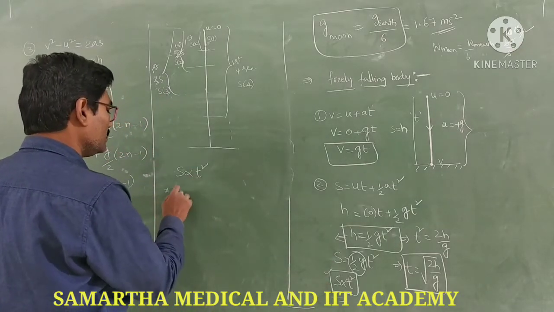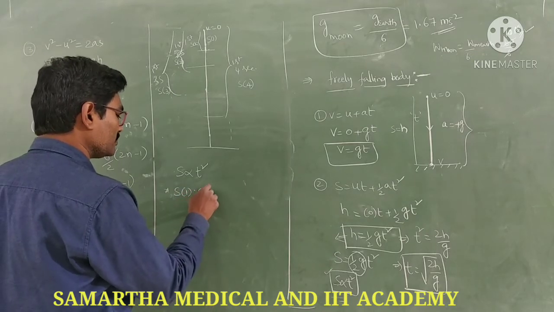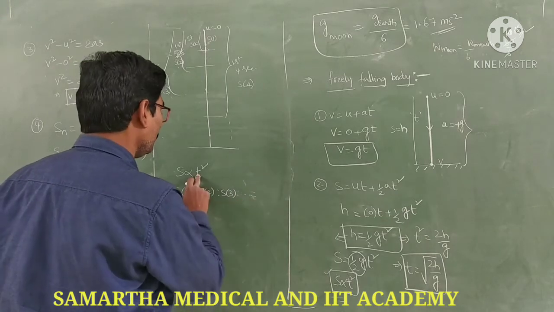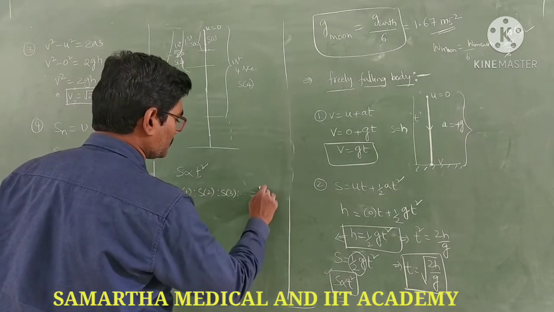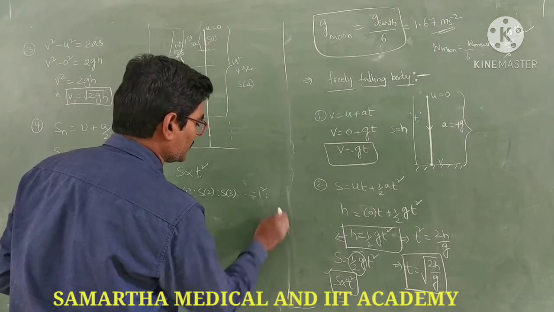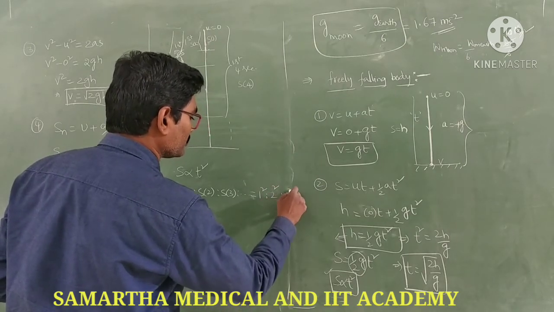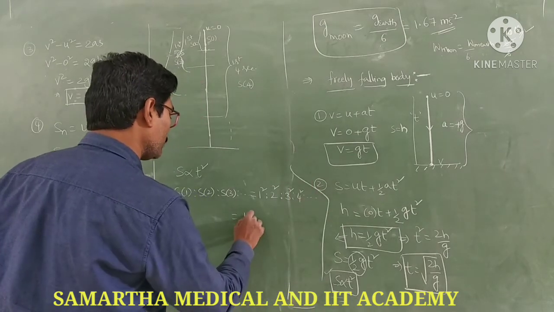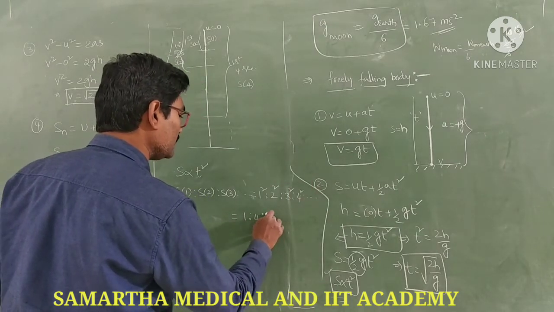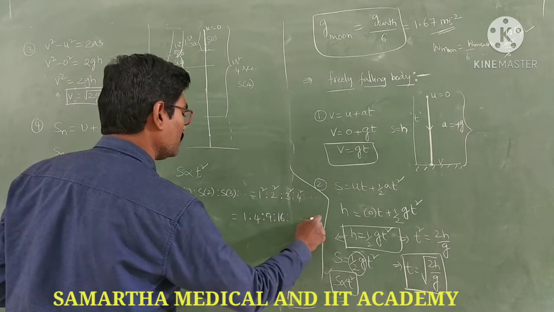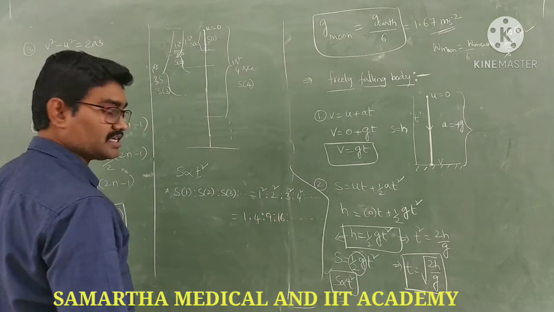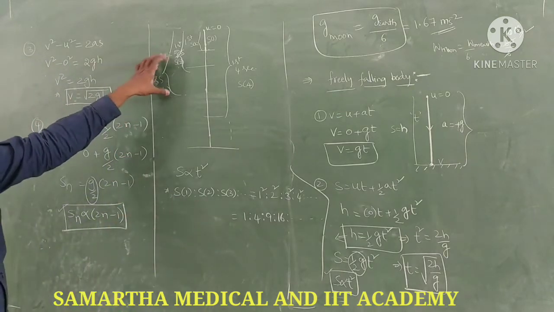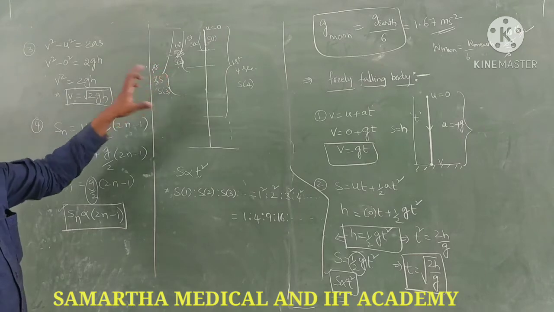So s in 1 second is to s in 2 seconds is to s in 3 seconds and so on is equal to the squares of the time: 1 square, 2 square, 3 square, 4 square, and so on. That means 1 is to 4 is to 9 is to 16 and so on. That is the ratio of the squares, the ratio of distances covered in the first second, first 2 seconds, first 3 seconds.